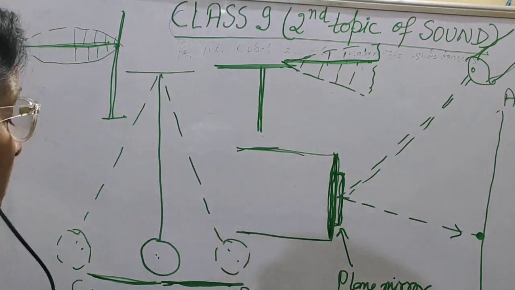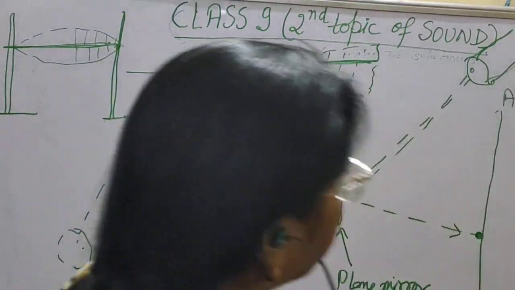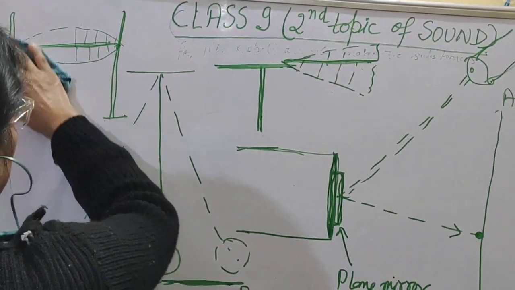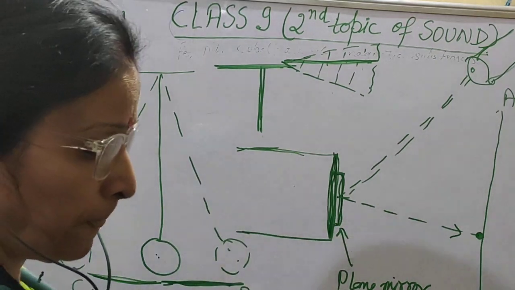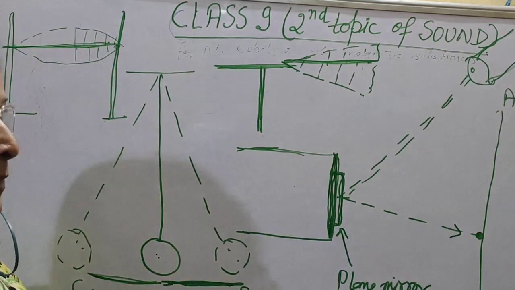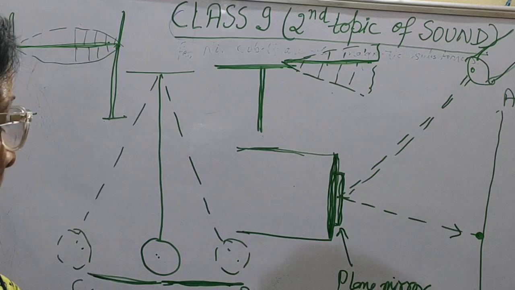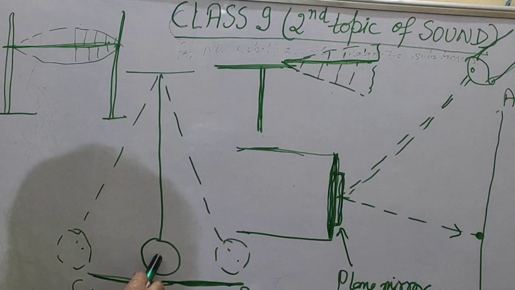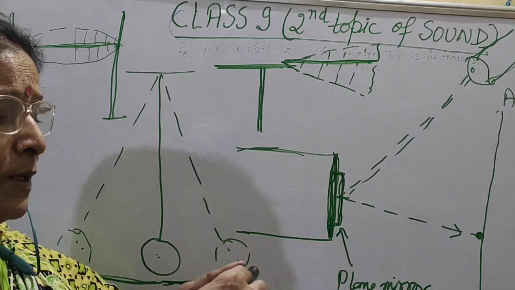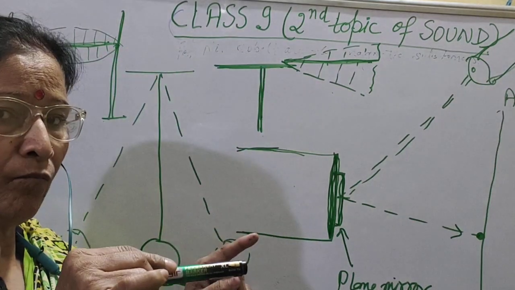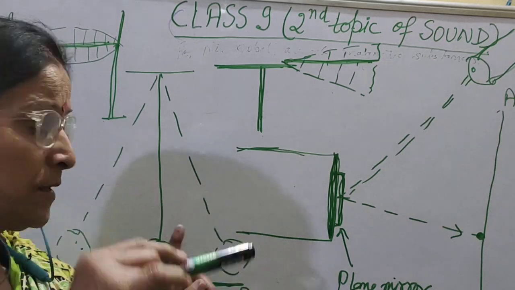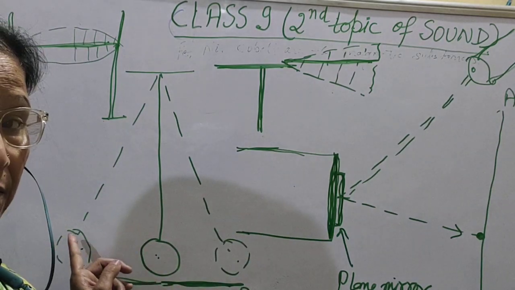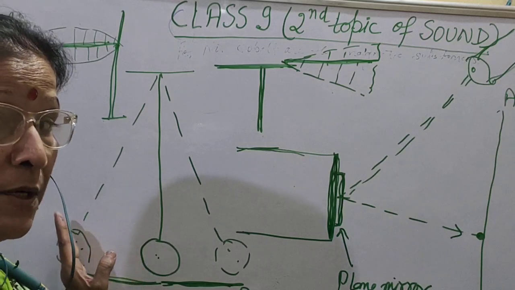Now one more thing I am explaining for you. If we plot the graph for the oscillatory motion of a pendulum, we will find that above the graph paper we get a graph like this, and then in the downward direction for the next side, from the other extreme position.